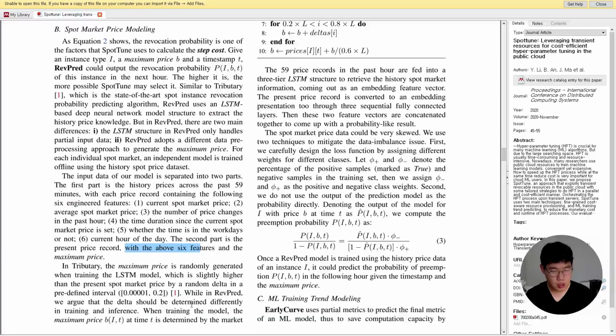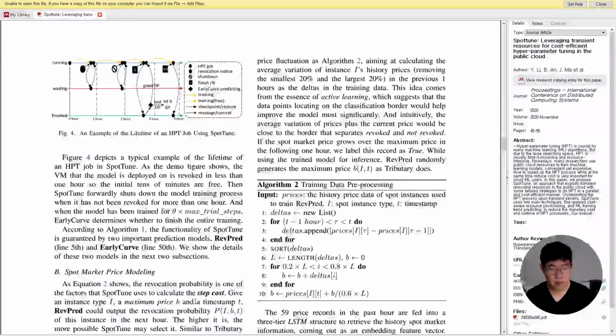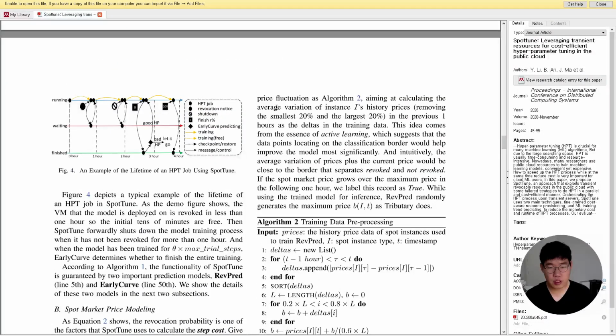When training the model, the maximum price bid at time t is determined by the market price fluctuation as in Algorithm 2, aiming at calculating the average variation of instance i's historical prices, removing the smallest 20% and the largest 20% in the previous 1 hour as deltas in the training data.